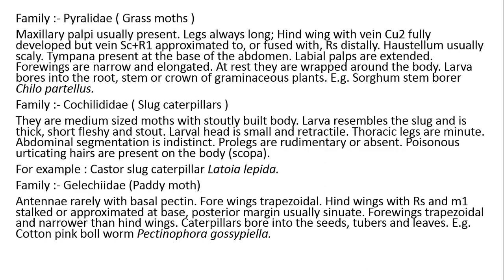Labial palps are extended, forewings are narrow and elongated. At rest, they are wrapped around the body. Larva bores into the root, stem or crown of gramineous plants, like the sorghum stem borer, Chilo partellus.